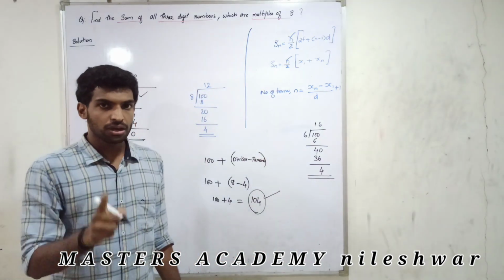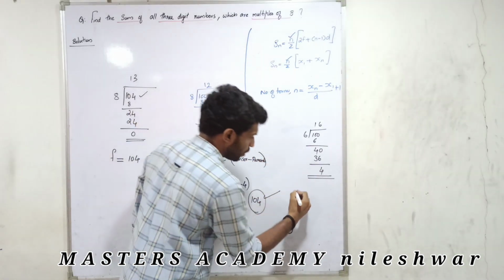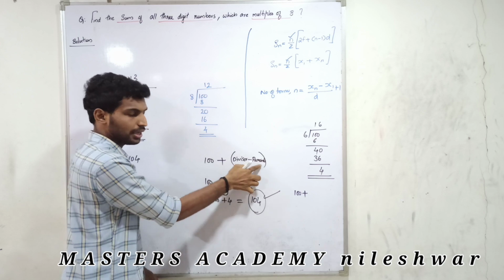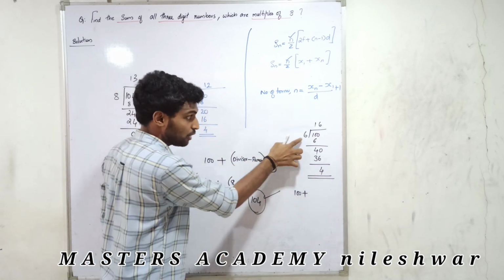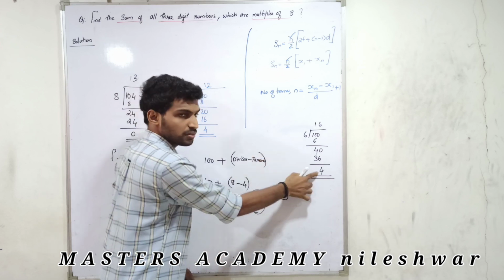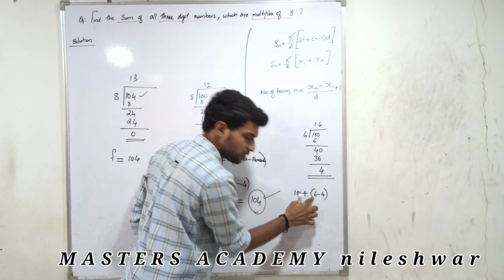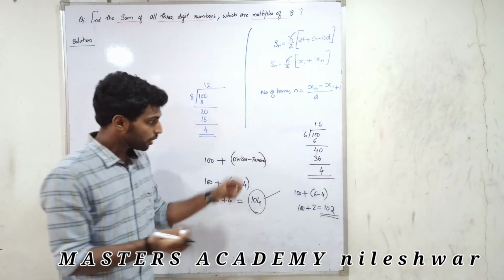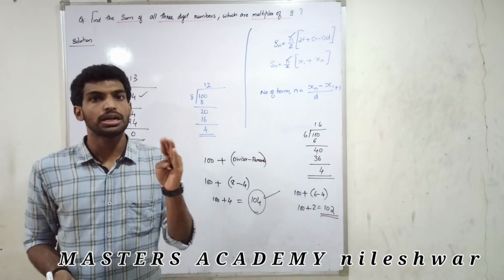So to get the first 3-digit multiple of 6, we do 100 plus divisor minus remainder. Here divisor is 6 and remainder is 4. So 100 plus 6 minus 4 is 2. Answer is 102. So according to the equation, 102 is the first 3-digit number which is a multiple of 6.